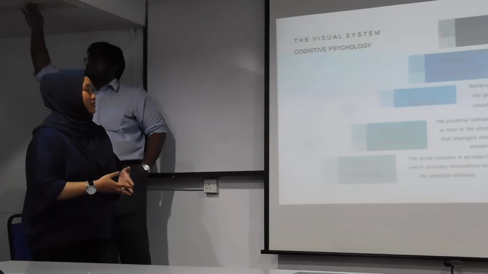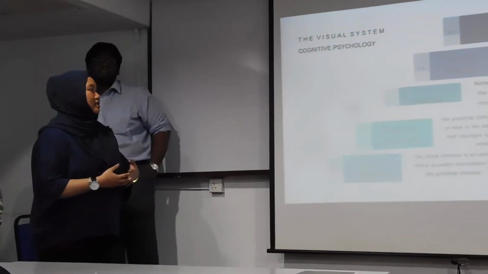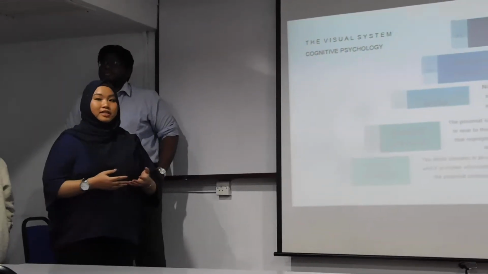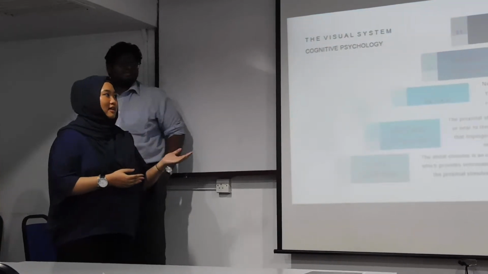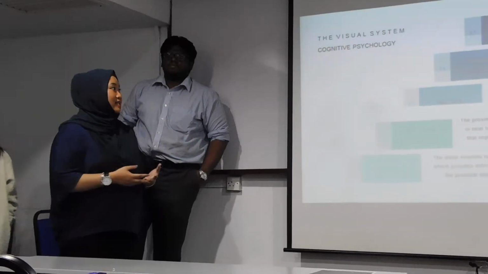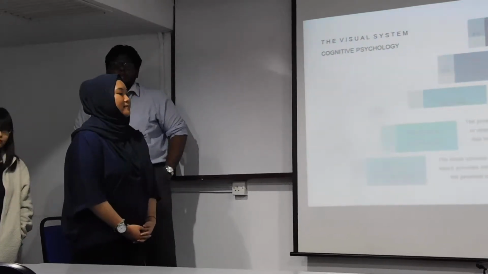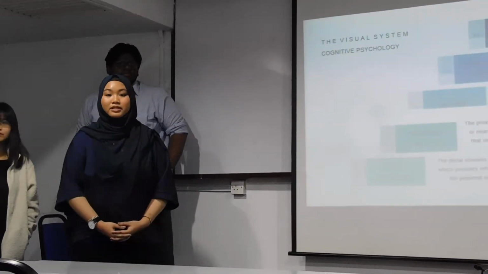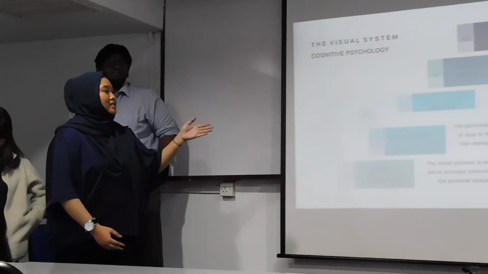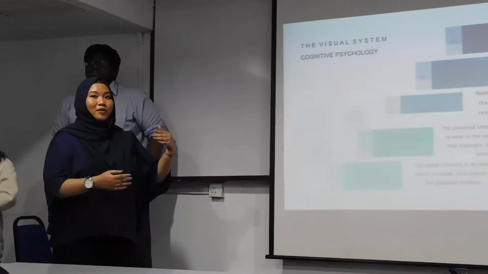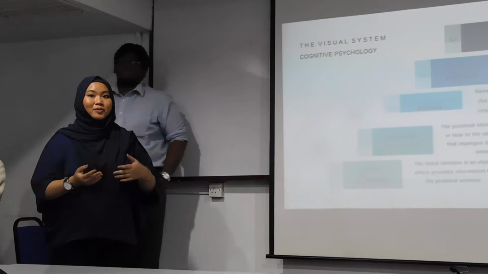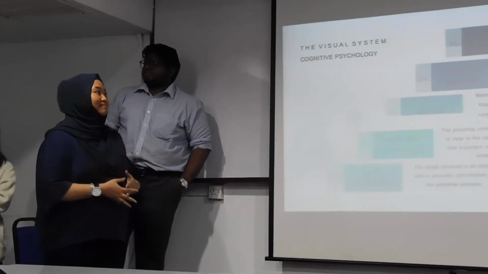The proximal stimulus is one that engages directly on the senses, like a light that the retina detects. The retina is a network of neurons which contains the photoreceptor cells that are responsible for producing images. The retina is important for us to visualize something, so without it we cannot really see anything.